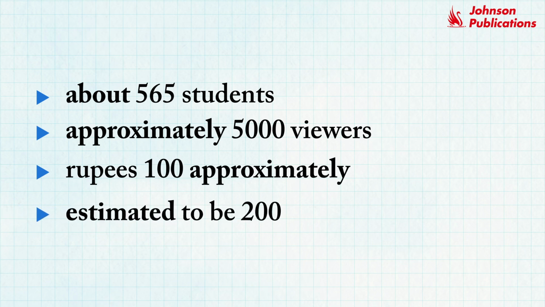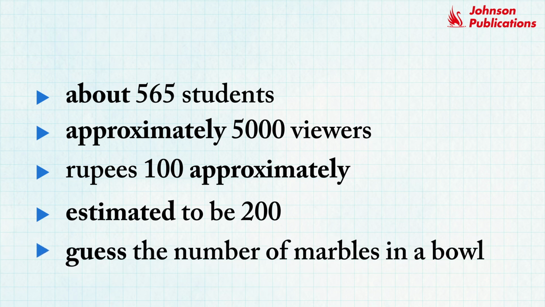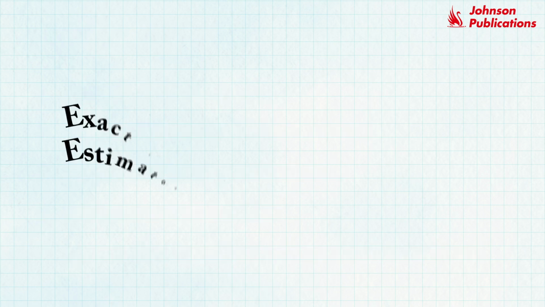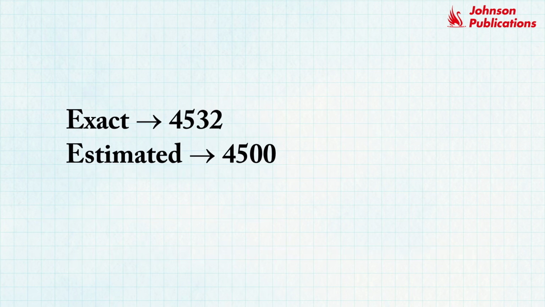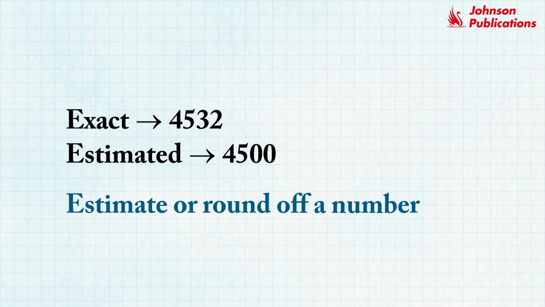The total number of people is estimated to be 200. Guess the number of marbles in a ball. Thus, there are many situations where it is sufficient to tell the estimated figure instead of telling the exact one. So, we must know how to estimate or round off a number.